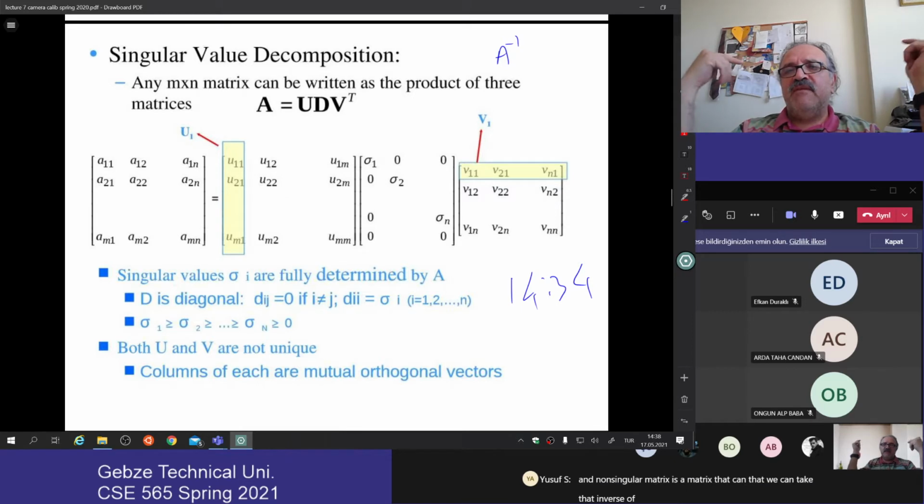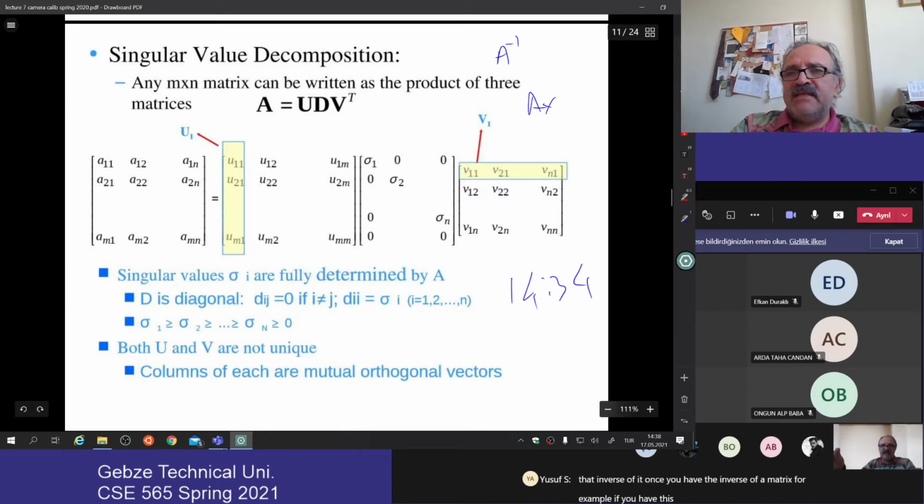And once you have the inverse of a matrix, for example, if you have this AX equals B, if I can take the inverse of a matrix, then I would do this: A minus 1 A X equals A minus 1 B. So these cancel each other, so I solved it, right?